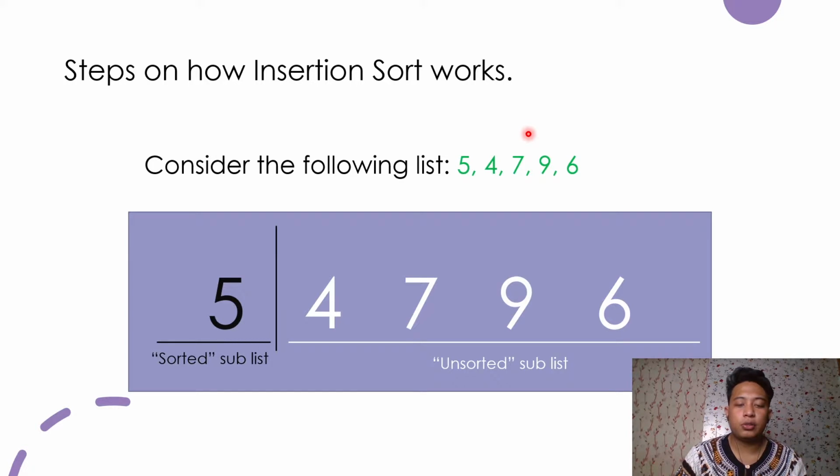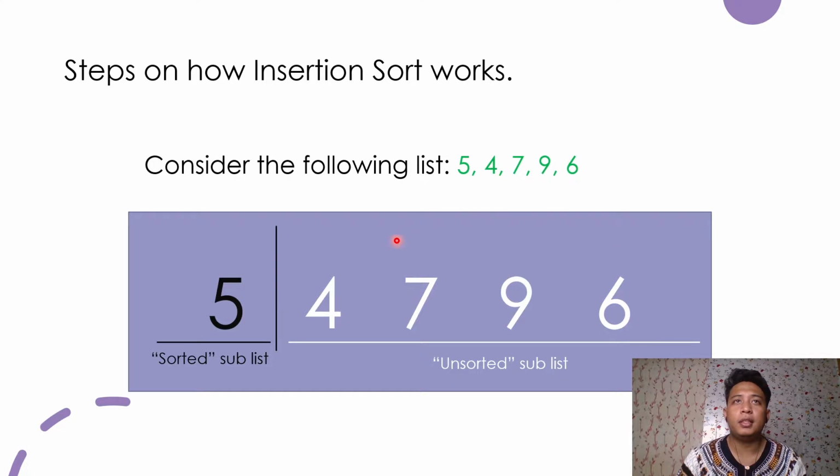In the insertion sort, we have two types of sublist, the sorted sublist and the unsorted sublist. The sorted sublist has a length of 1, so in here we have 5. And all the rest of the items will go on to the unsorted sublist.